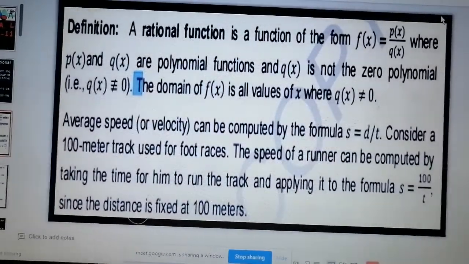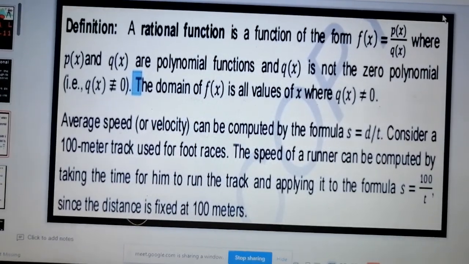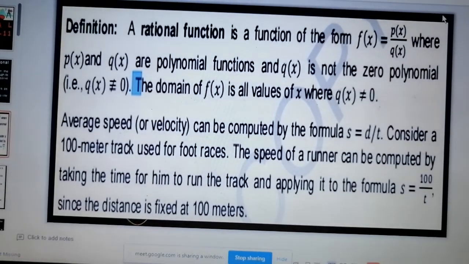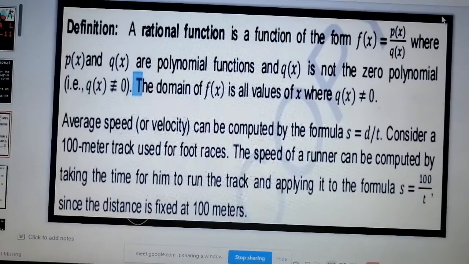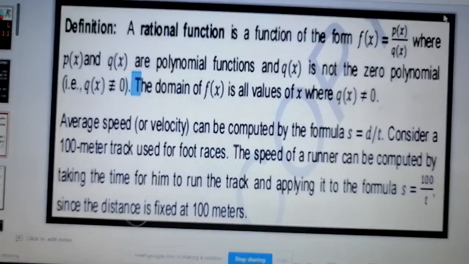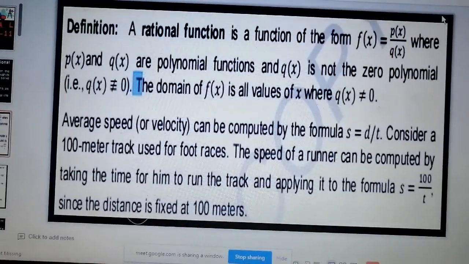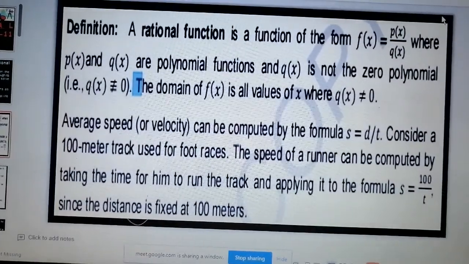The domain of f(x) is all values of x where q(x) is not equal to 0. Ibig sabihin yan, kung ang p(x) at saka q(x) ay polynomial function, so yung q(x) dapat not equal to 0, or not the zero polynomial. Ibig sabihin, hindi siya zero polynomial. And yung q(x) ay is not equal to 0.